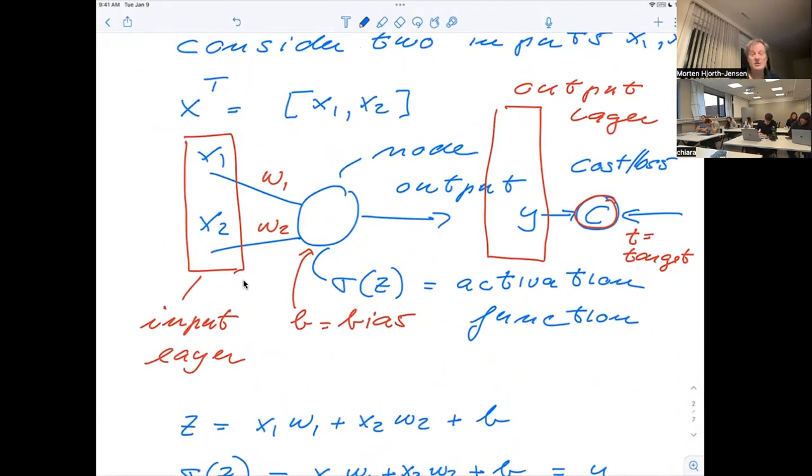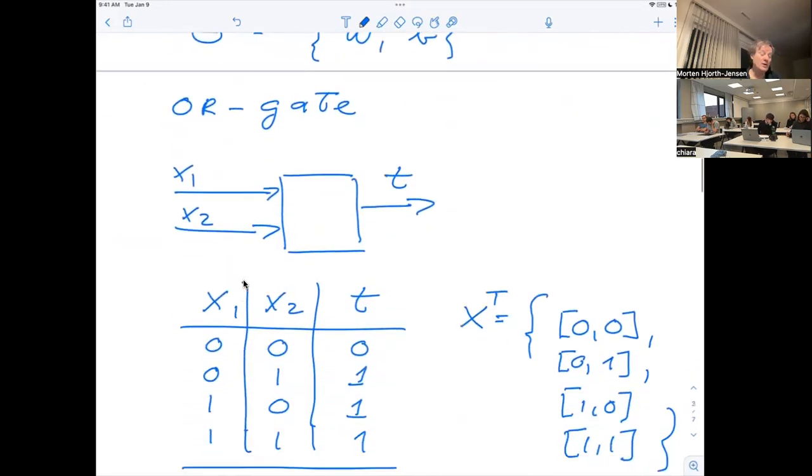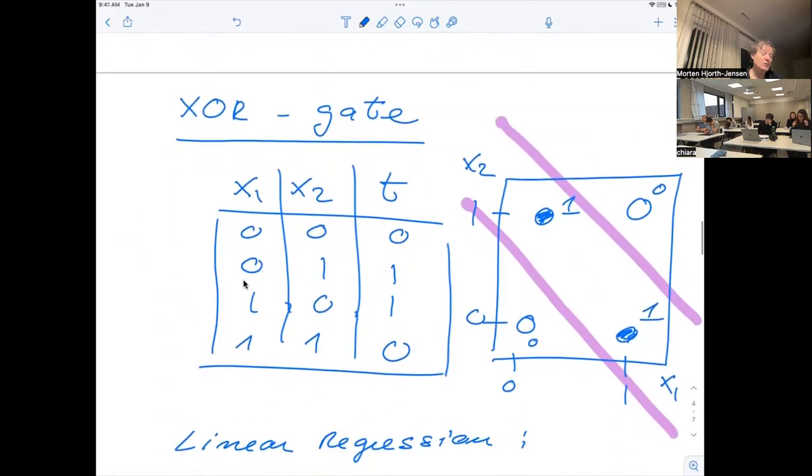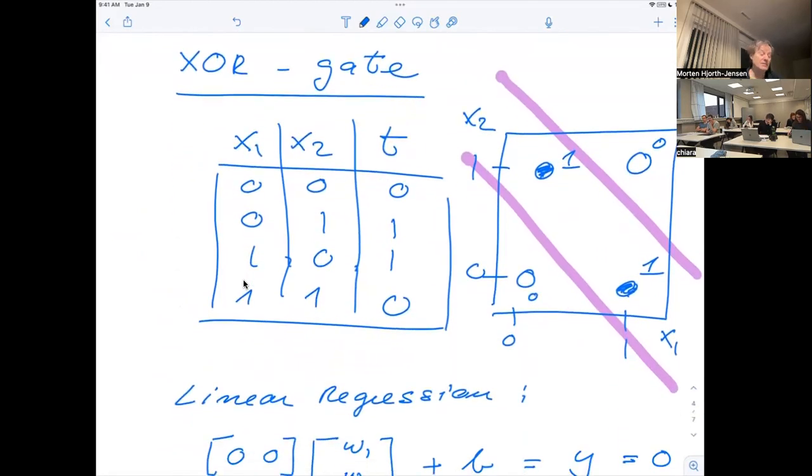This is a model which is able to reproduce problems which can be fit by a linear function or linear dependence, but it fails if we have a more complex result, where we do not have a clear linear dependence. If you look at the XOR gate, we cannot define just one line which separates the two classes of observations.